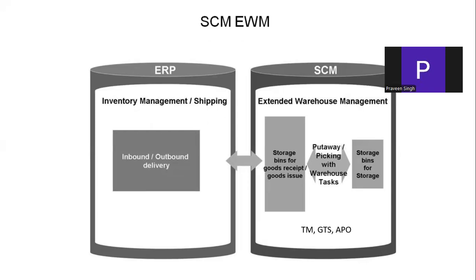Here we have both inventory management and shipping, and inbound and outbound deliveries. Coming to the extended warehouse management, we have all of that combined, but we still have one more module, supply chain management, in it. The rest of the things are the same as the basic traditional warehouse management.